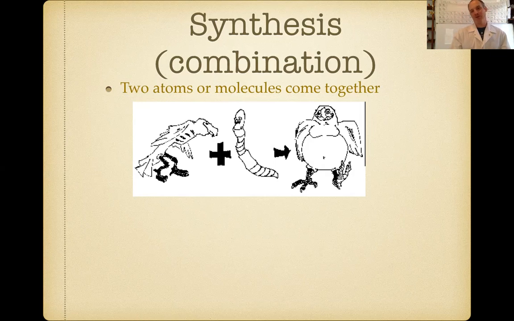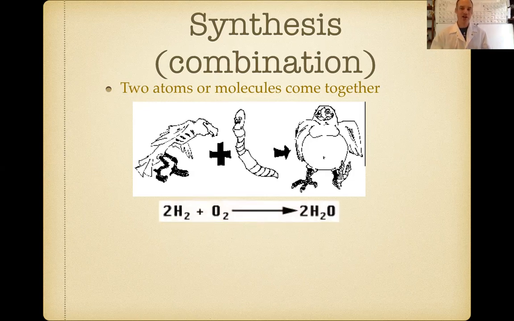And has a belly button as well, which is disturbing for a bird to have. But you get the picture here that the two of them came together and created one thing. That's how synthesis reactions work. You have two reactants and then you have a product.